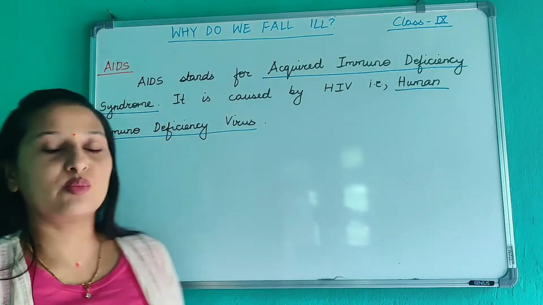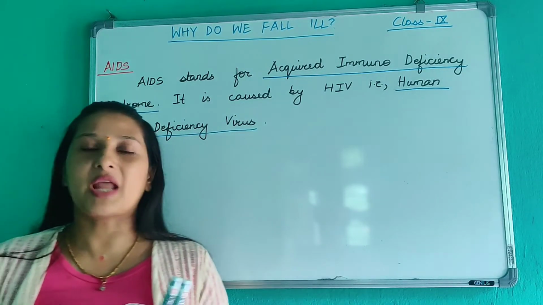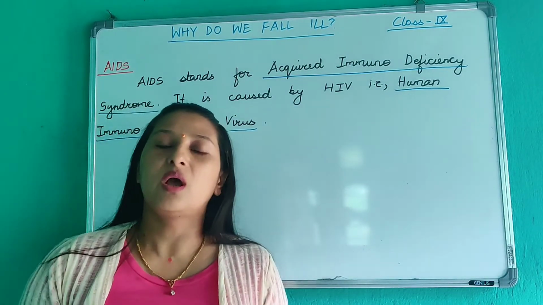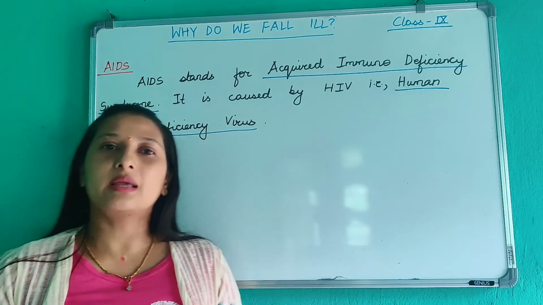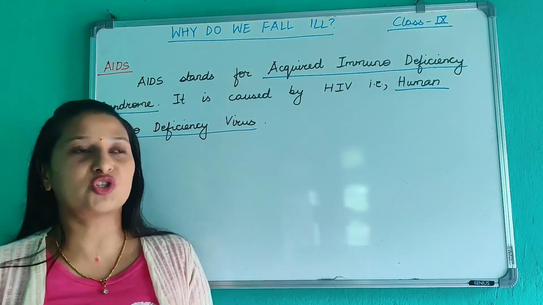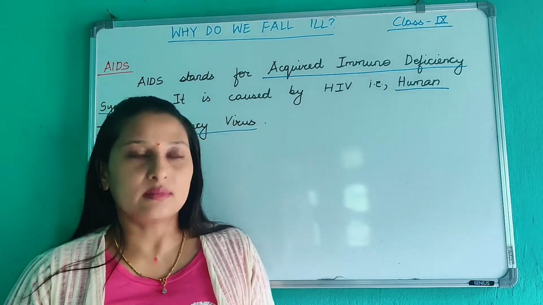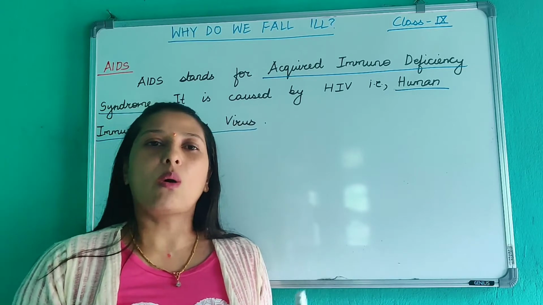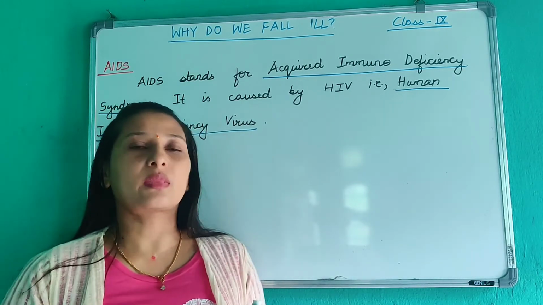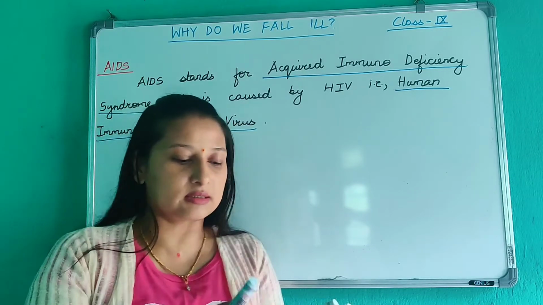It has been postulated that AIDS has been transmitted to the human population by monkey or chimpanzee. It may have been transmitted to the human population by a chimpanzee or monkey host in Africa during the 1960s.